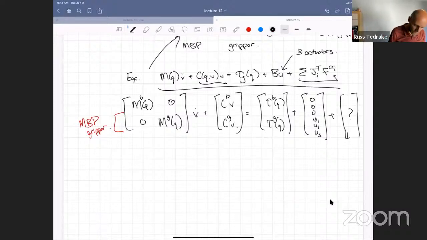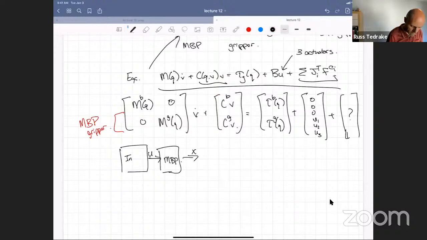Okay, so the first thing I did is I have the multi-body plant, which has X coming out and U coming in. I put an inverse dynamics controller here. And what does that inverse dynamics controller do?